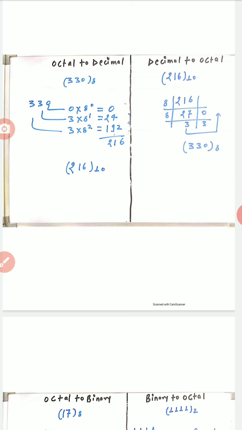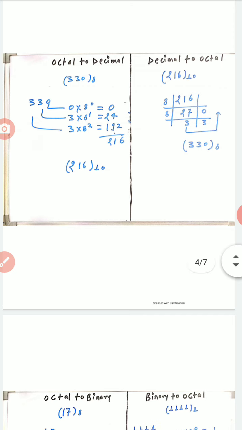Divide 216 by 8, I get 27 as the quotient, then 3 and 3. So if I take it from bottom to top, 330 base 8. So if I convert decimal 216 into octal, then 330 is the octal number.